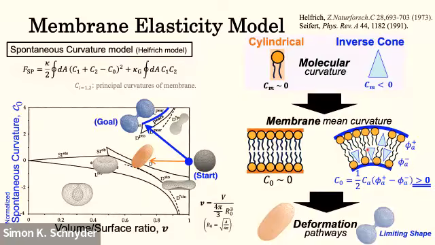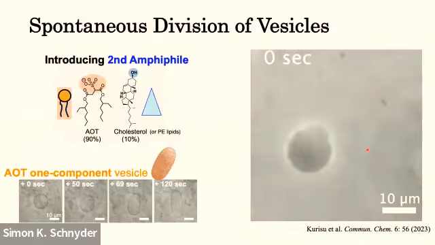Quick question. Thanks for the nice talk. In this division experiment, are you also supplying the cholesterol from the outside? No. Okay, so you eventually dilute the concentration of cholesterol in the membrane, so at some point they stop dividing, right?